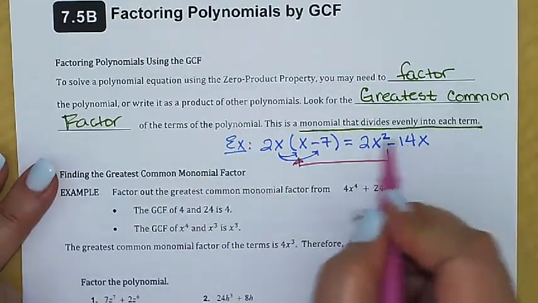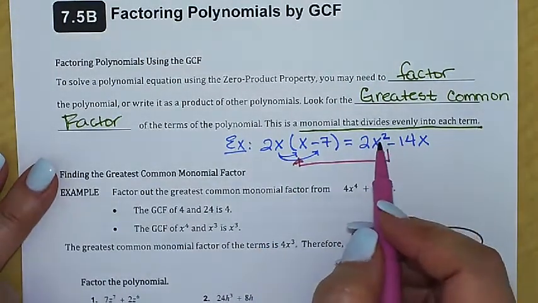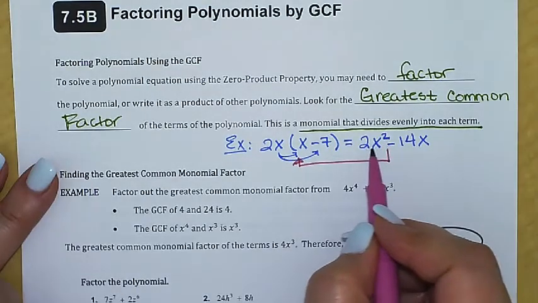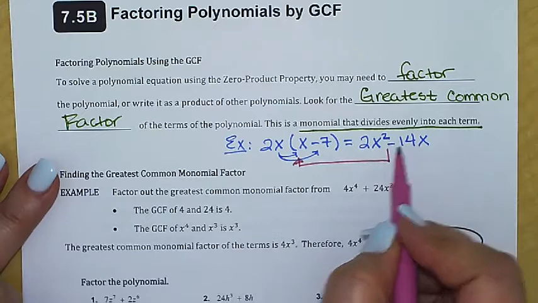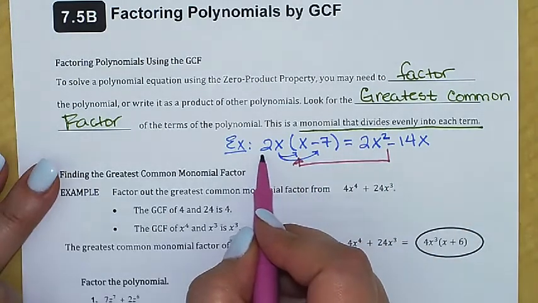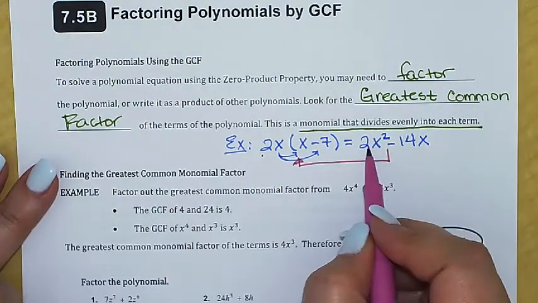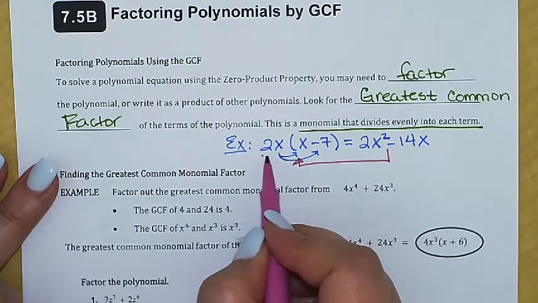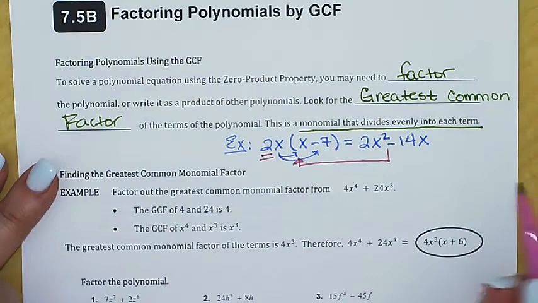Starting off with something that looks like this and trying to identify what goes into 2 and 14 that we can factor out. So you should be able to see this and say, oh, 2 goes into itself evenly, and into 14, so I can factor out a 2.